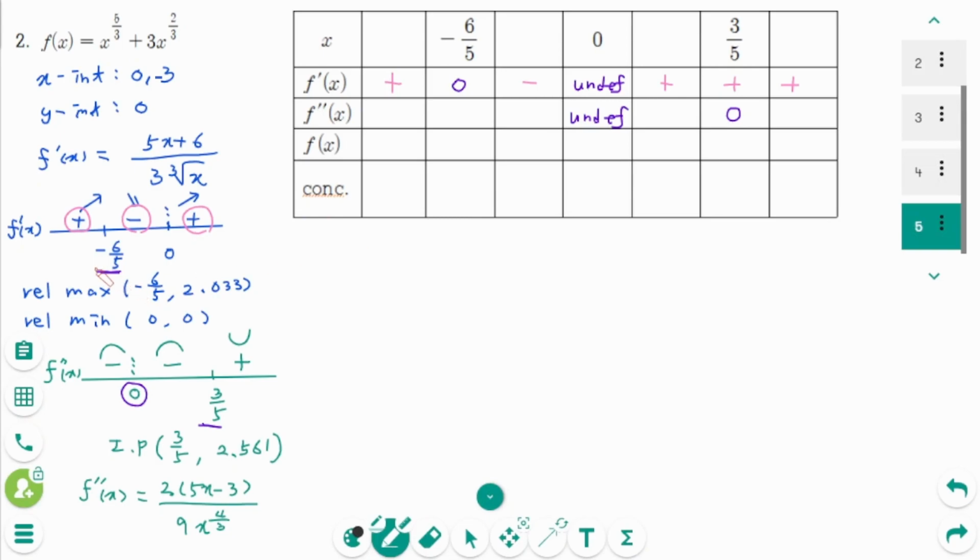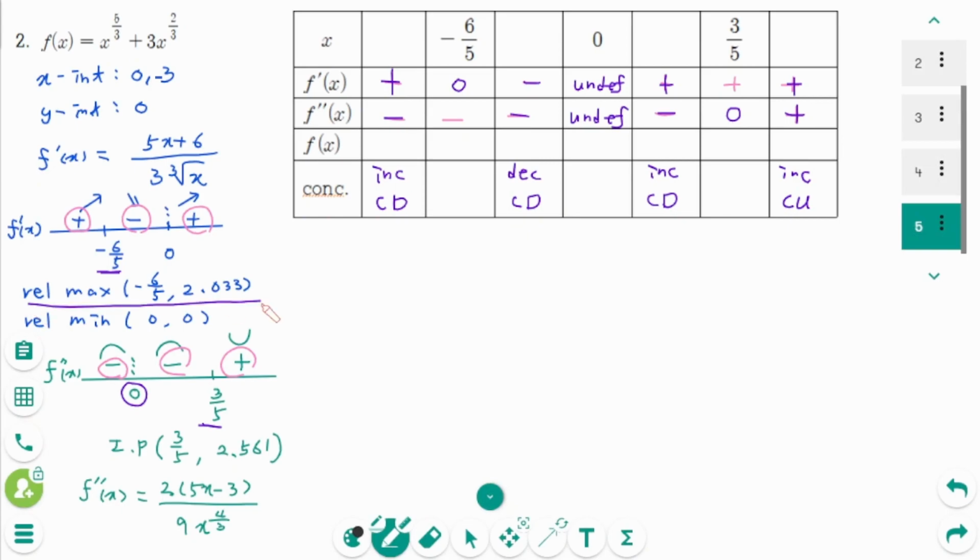In between the intervals, negative, negative, positive. f prime is positive, that means increasing, negative, decreasing, positive, increasing, positive, increasing. f second prime of x is negative, concave down, negative, concave down, negative, concave down, positive, concave up.